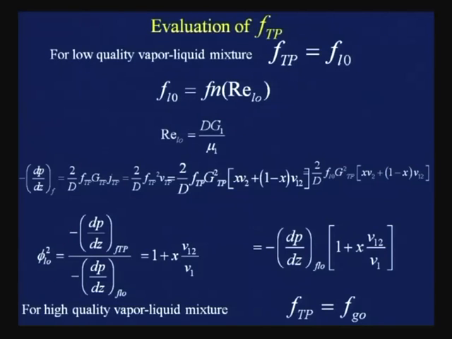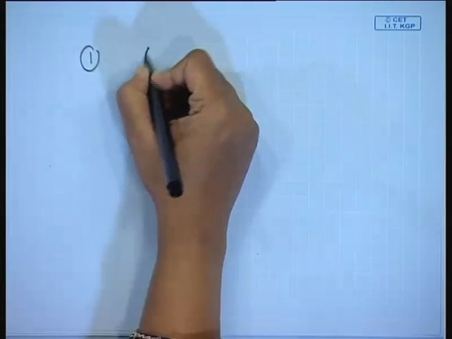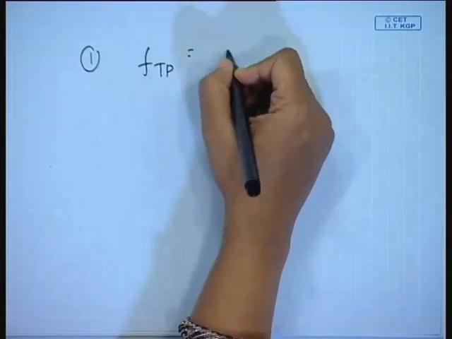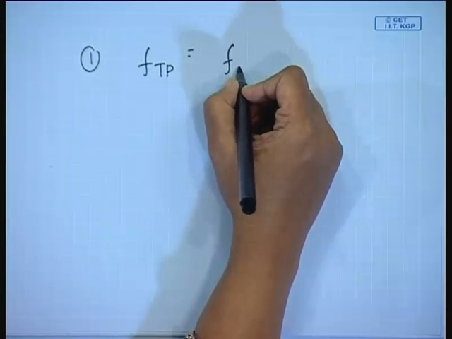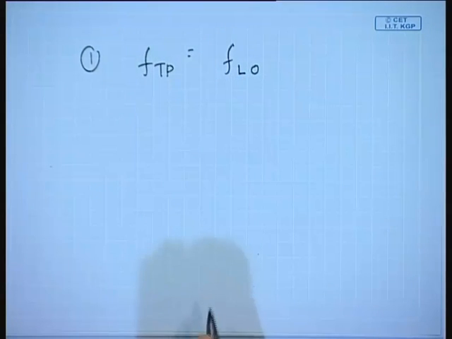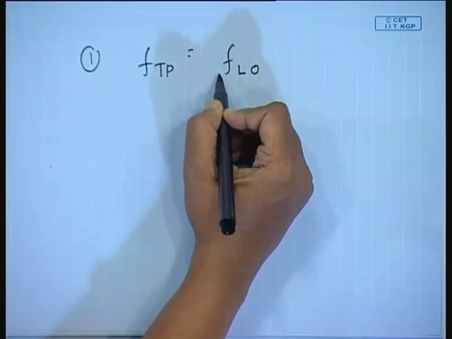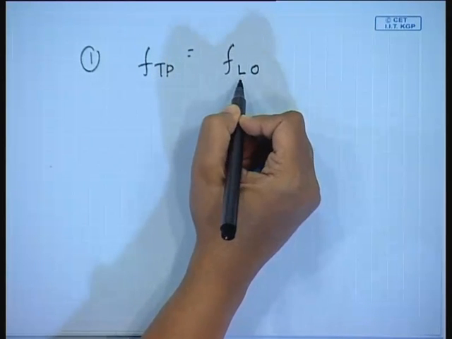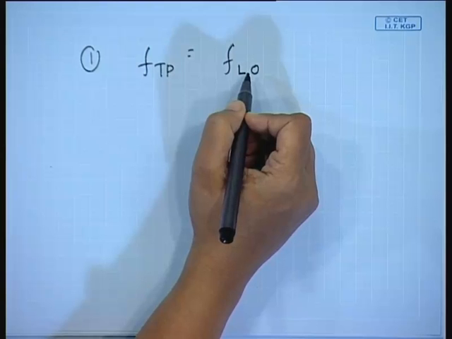Under that circumstance, I can write FTP equal to FLO. What is this LO? This is the friction factor when liquid only flows through the pipe.